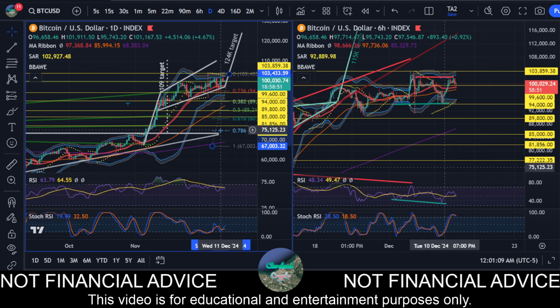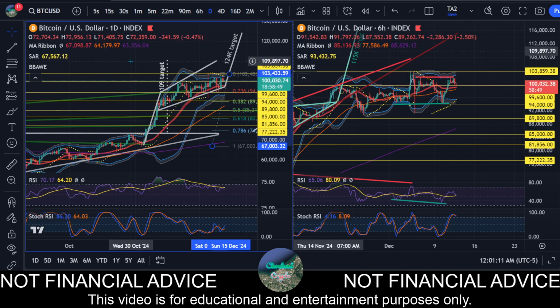In fact, with the fervor and the supply shock going on, I don't think we will. I just don't think we will. What's a supply shock? Well, there's only 400 Bitcoins mined every day, and just the ETFs alone are gobbling up like 1,000 every day, plus MicroStrategy gobbling up their ETFs.